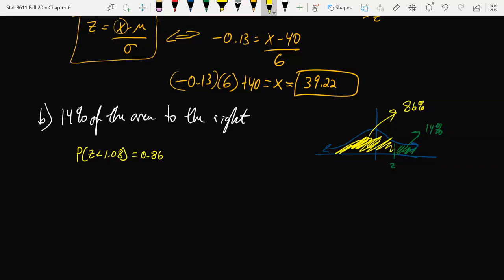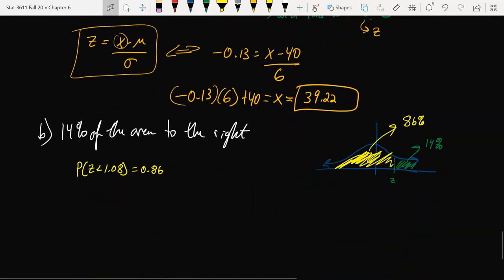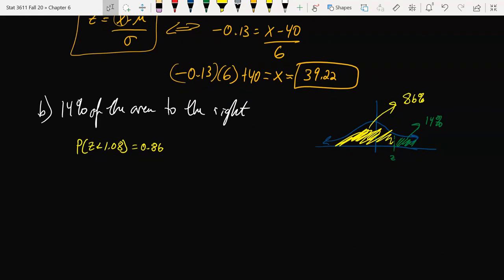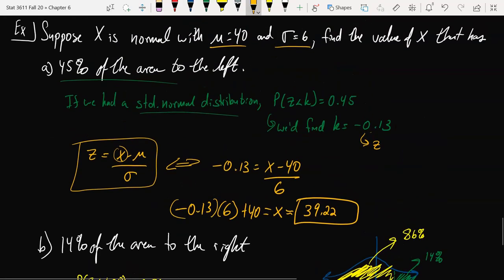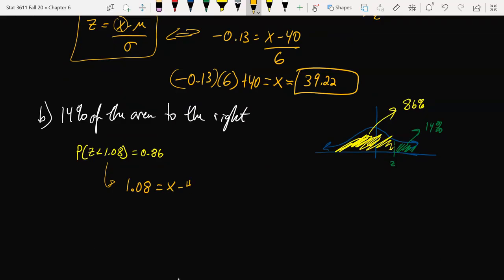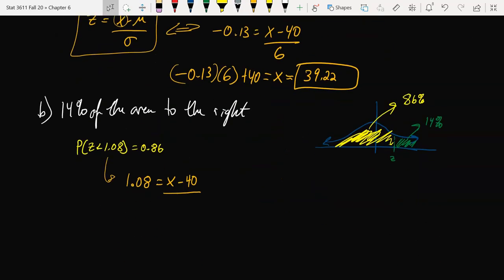We're looking for 14% of the area to the right, for x that follows a distribution with a mean of 40 and standard deviation of 6. So we do know that the associated value of z that would give us 14% of the area to the right would be 1.08. So using this value here, 1.08 equals x minus the mean, which was 40, over sigma, which is 6.